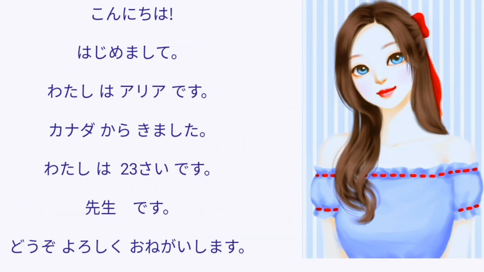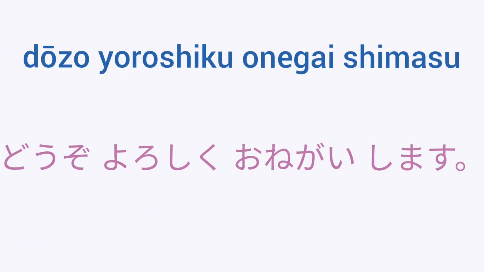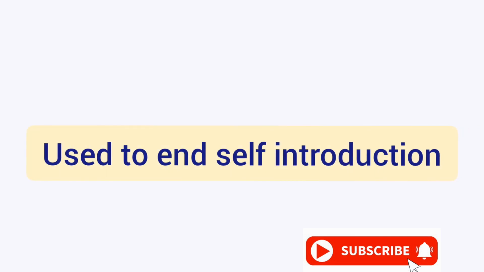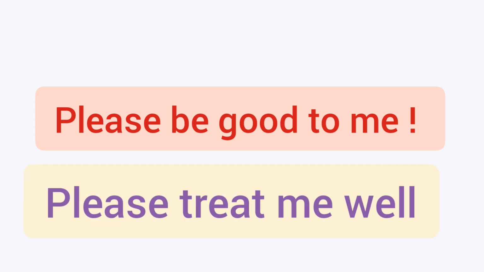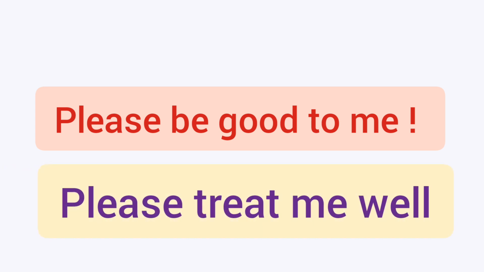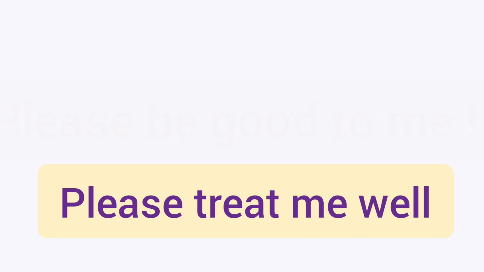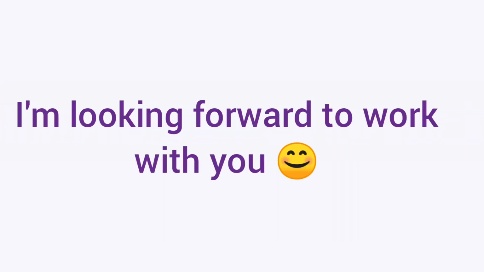After all that, finally you heard Aria say, "Dozo yoroshiku onegaishimasu." This phrase is used to end a self-introduction and it literally means, "Please be good to me" or "Please treat me well." Obviously, it doesn't have a proper translation, but it gives the meaning like, "I look forward to working with you."